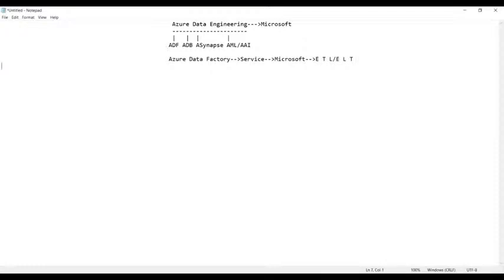ETL stands for extraction, then transformation, and then loading.